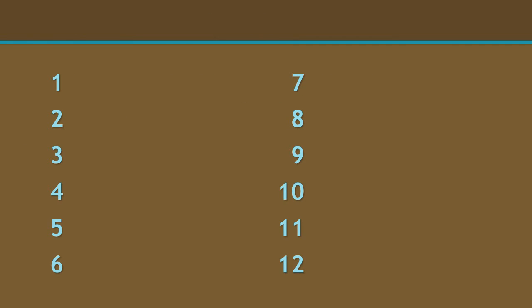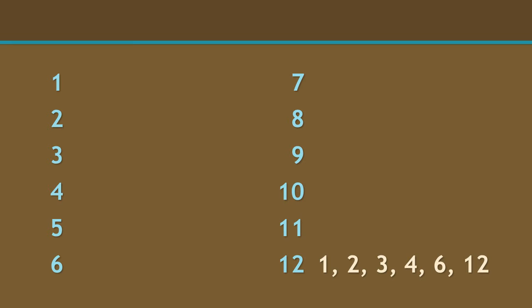Now we're going to be taking a look at some factors. Since our lesson today is specifically dealing with greatest common factor, we're going to first begin with common factors of numbers. So let's first take a look at this list of numbers, and we're going to look at all of the factors. Now let's first start with the number 12. We see right here that 12 has factors of 1, 2, 3, 4, 6, and 12.